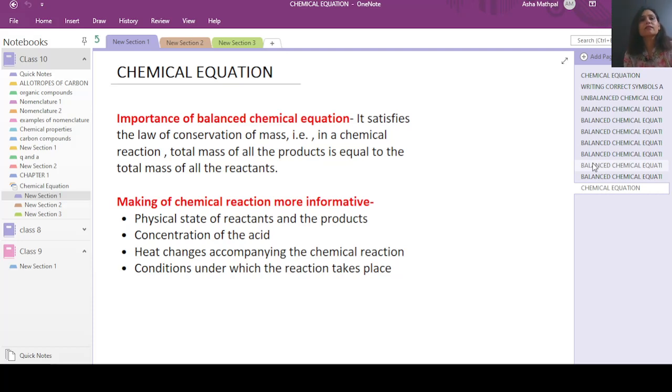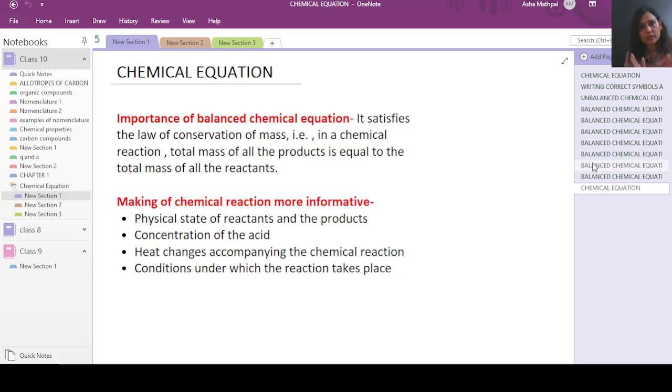Now why is there a need to balance a chemical equation? See, you have done the law of conservation of mass. According to that law, the number of atoms on the reactant and the product side should be the same, because the law says that nothing is created nor can it be destroyed, remember.